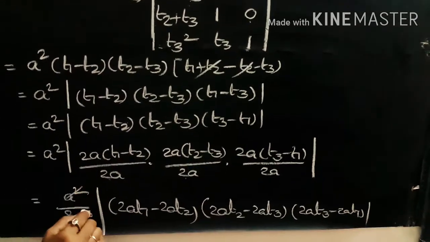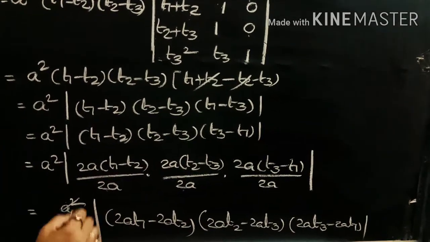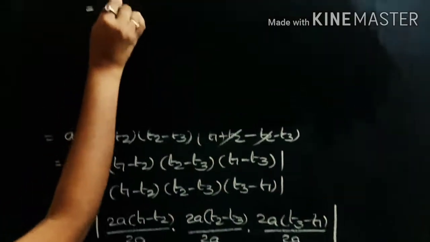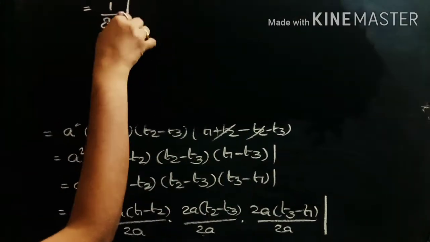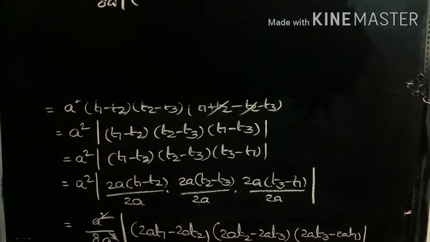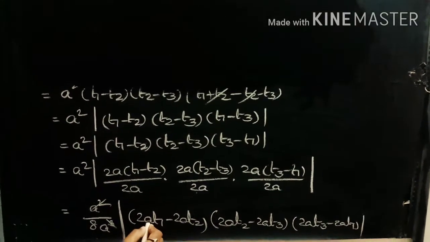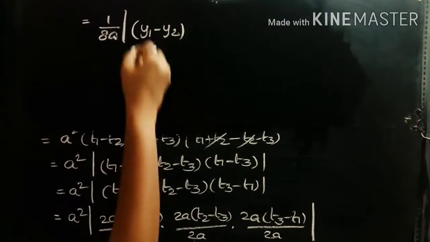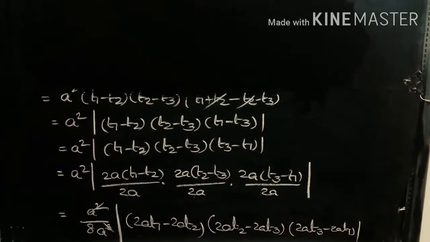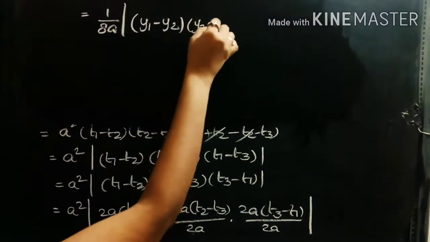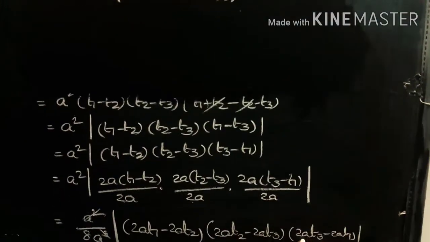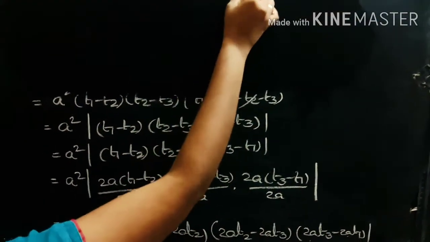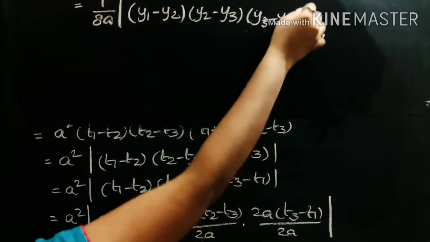Now this is equal to, here A is cancelled. Now the remaining value is 1 by 8A into modulus 2At1 minus 2At2. What is 2At1? 2At1 minus 2At2 is nothing but y1 minus y2, into 2At2 minus 2At3, that is y2 minus y3, and the next value 2At3 minus 2At1, which is y3 minus y1.